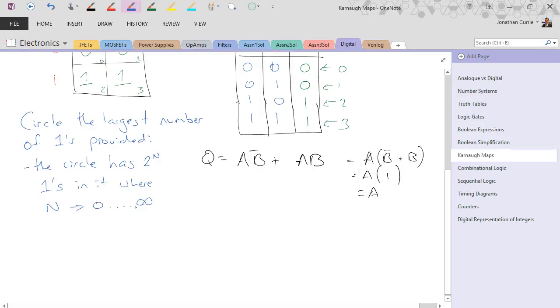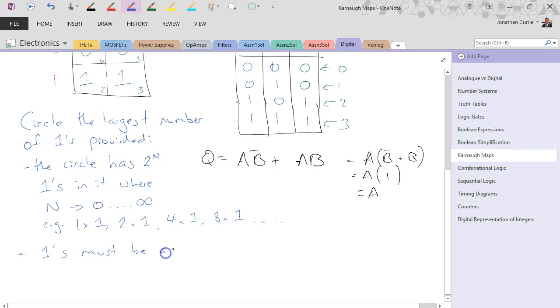Practically you're never going to have probably more than n being 4, but can be. So for example you can circle 1 times 1, 2 times 1, 4 times 1, 8 times 1, and so forth.